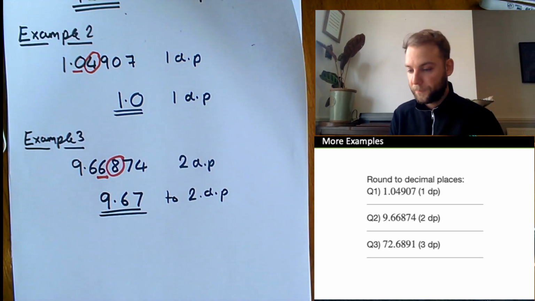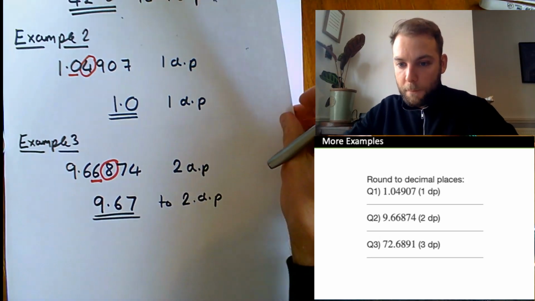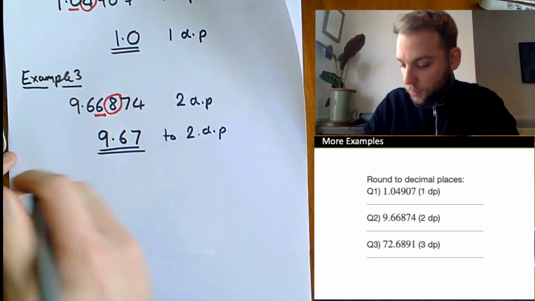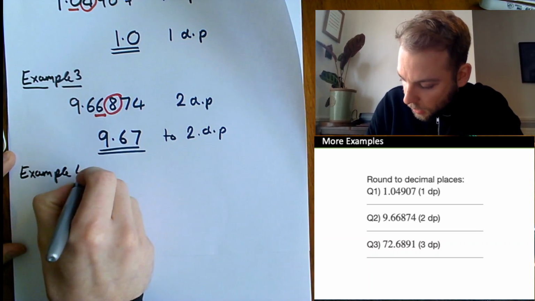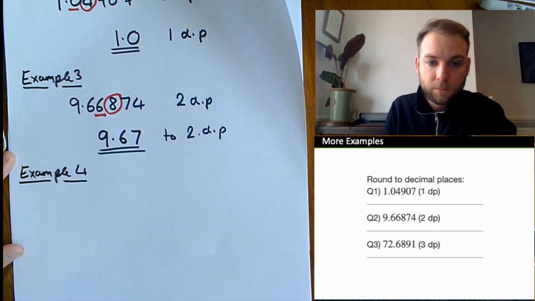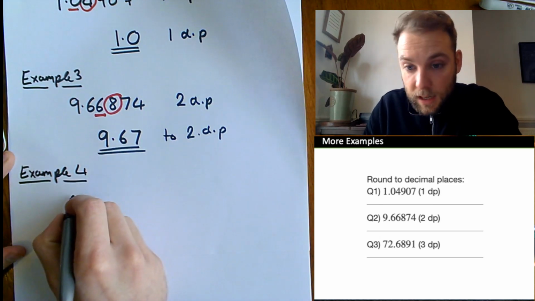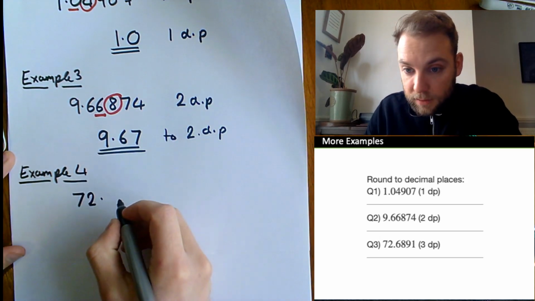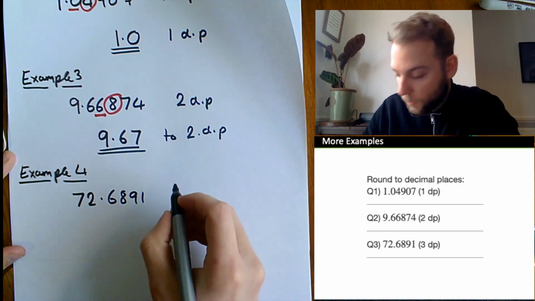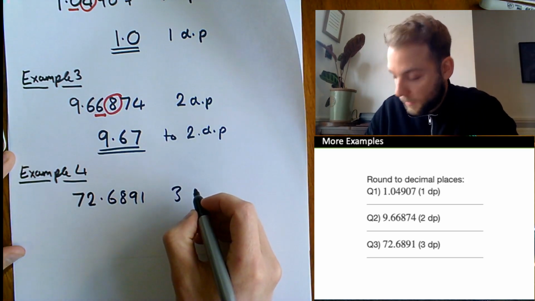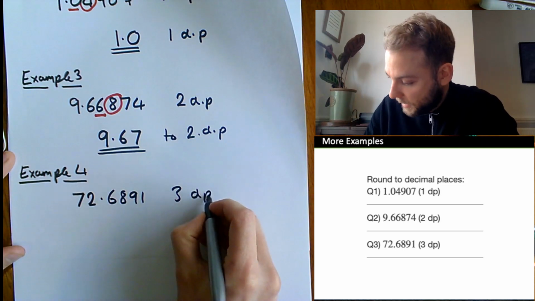Like so. We'll do one more, which is going to be to 3 decimal places. I do have a harder one for us to have a look at as well. So in this case, 72.6891, and we want that to 3 decimal places.